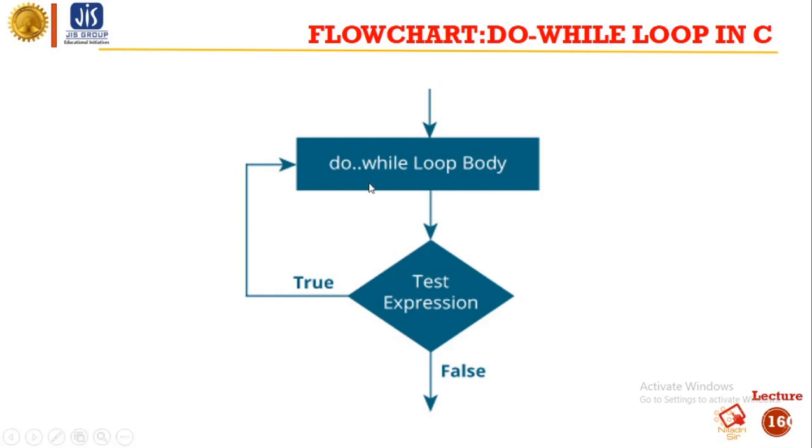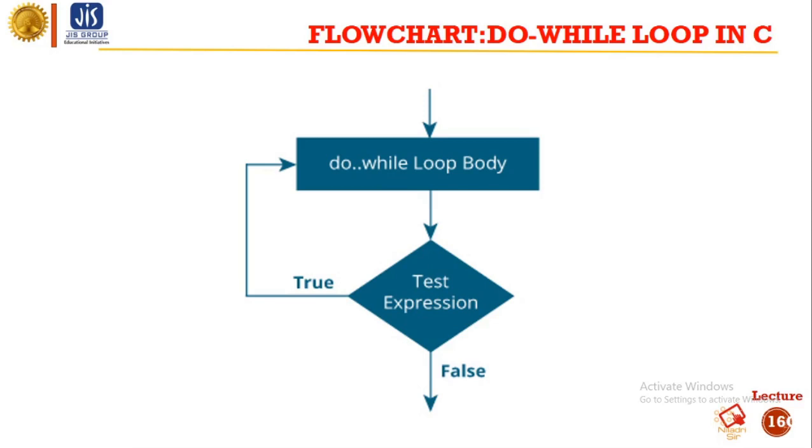This is the do while loop condition: the do part, and this is the while part. One time it will be executed, and after that if the condition is not satisfied, it will never execute again. If it is true, it will go back again. So a single time it will be executed.